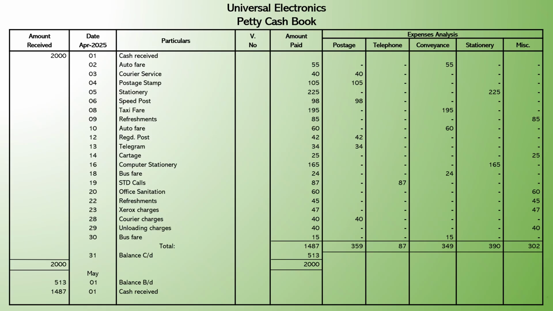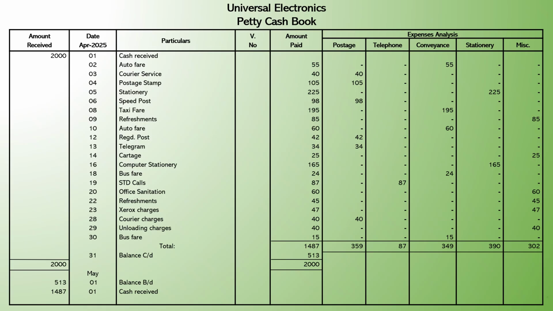April 8, taxi fare ₹195, enter as payment and also under conveyance. April 9, refreshments ₹85, enter as payment and also under miscellaneous. April 10, auto fare ₹60, enter as payment and also under conveyance.